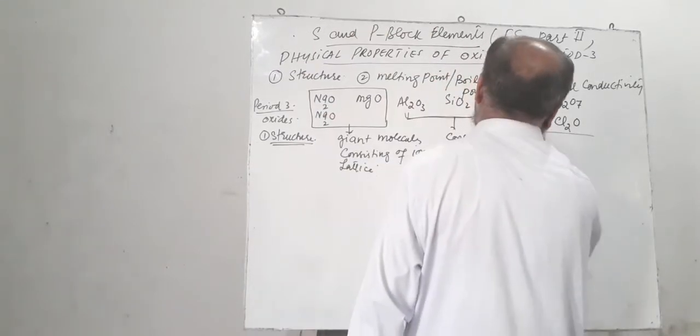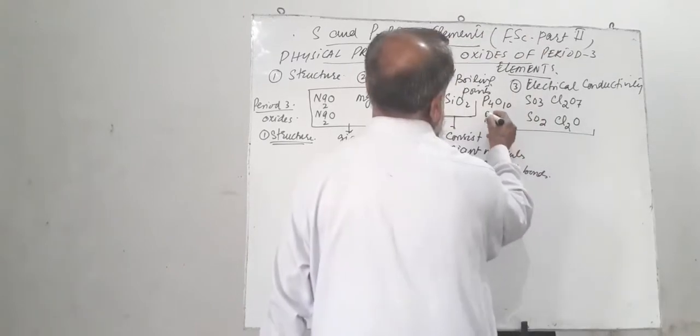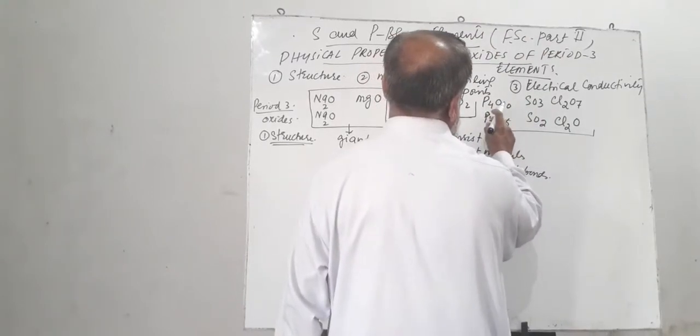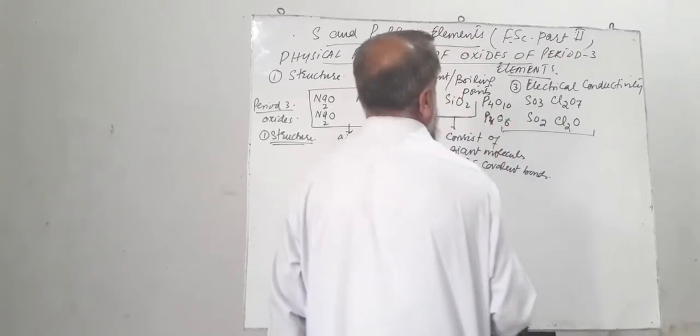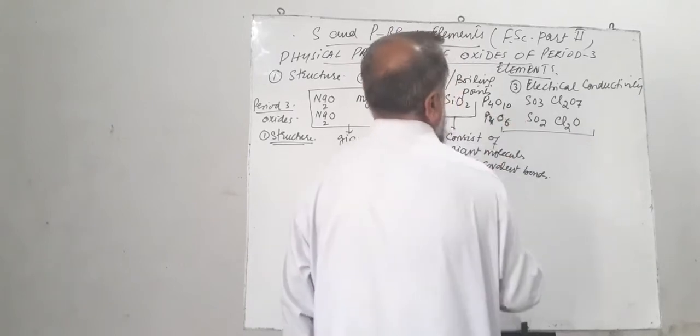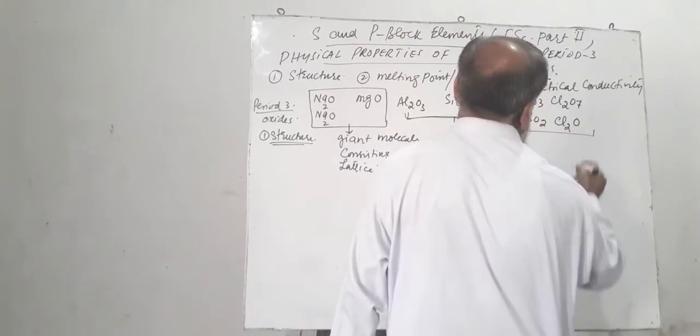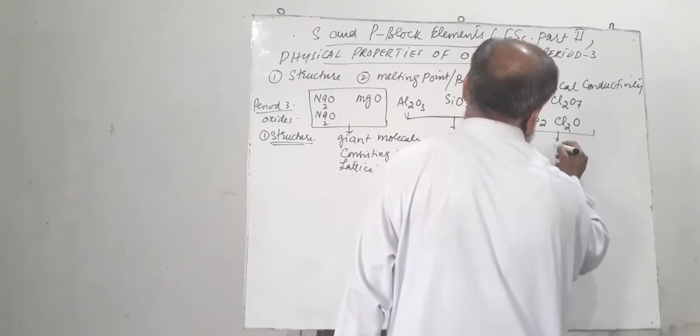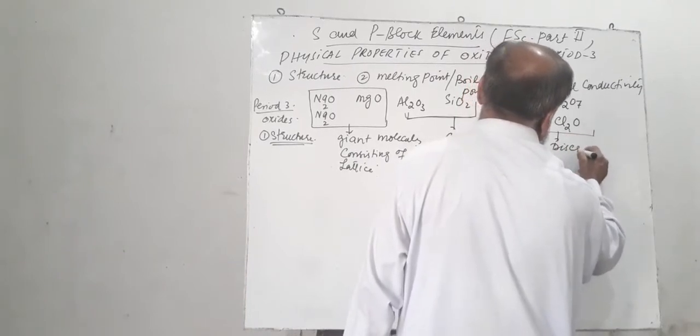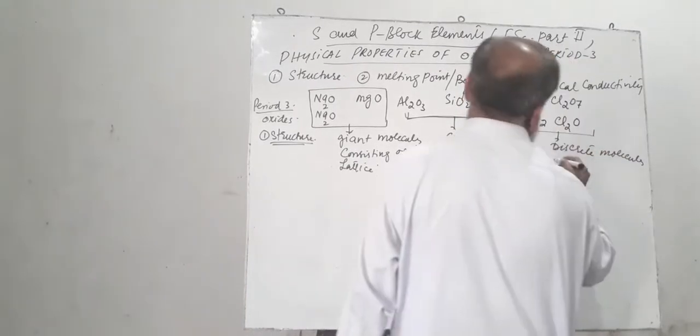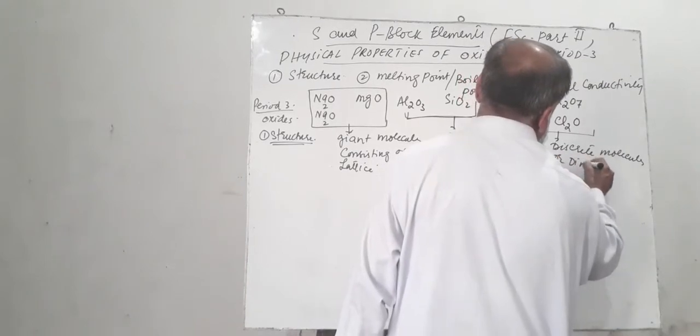Rest of the oxides, that is oxides of phosphorus, phosphorus pentaoxide, phosphorus trioxide, oxides of sulfur and chlorine, they either consist of discrete molecules or dimeric structures.